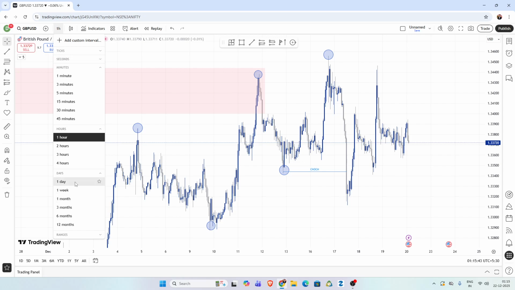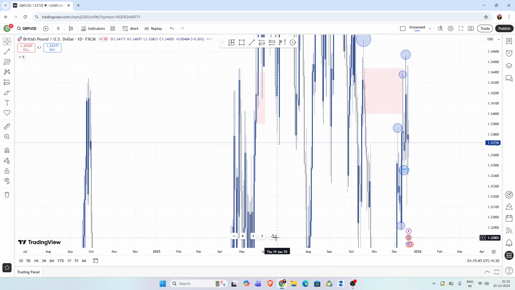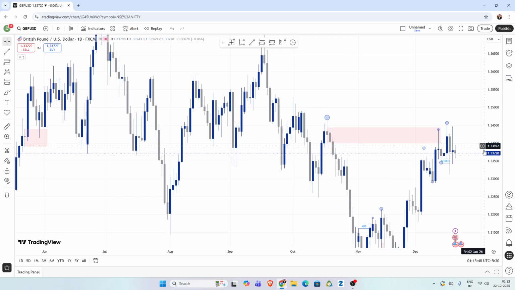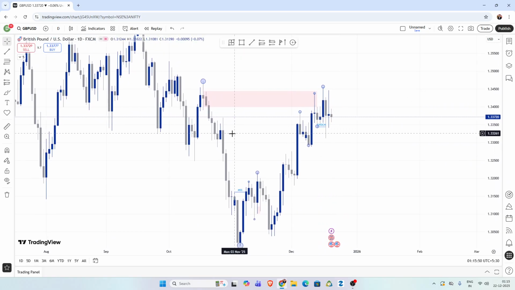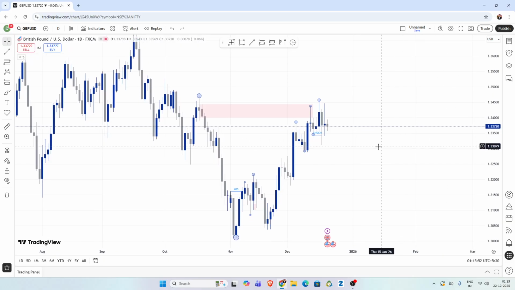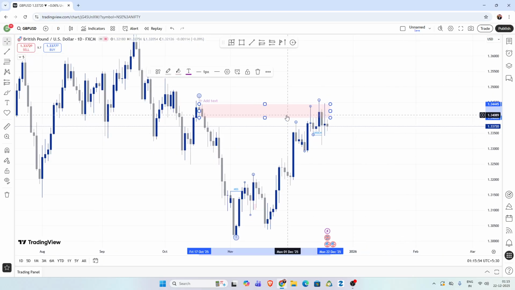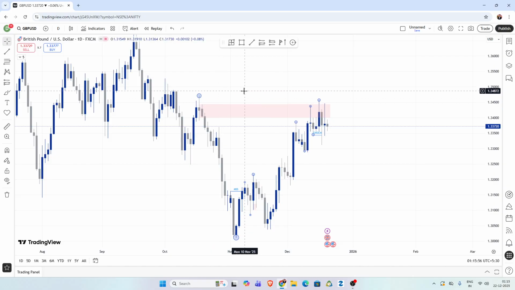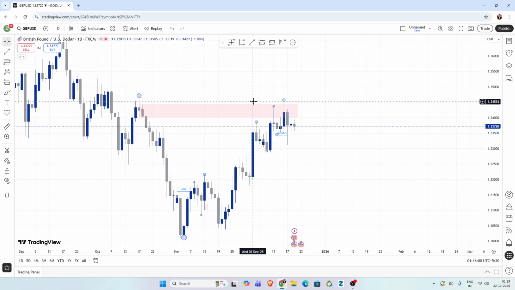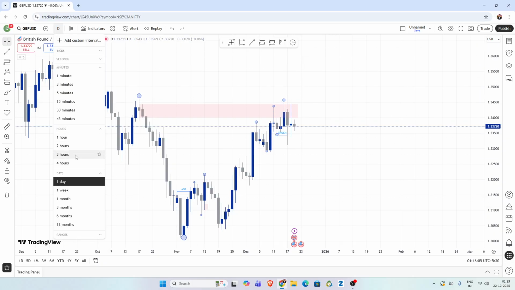As we come to GBPUSD in the daily time frame, the structure is again kind of the same as EURUSD, and it is just under this point, and I'm hoping that it should move towards the downside.